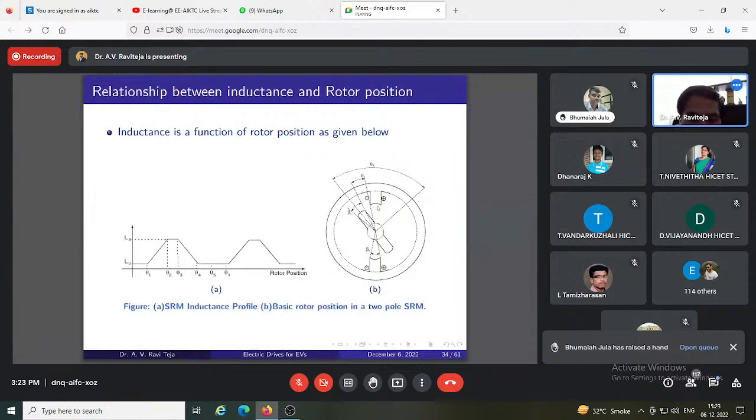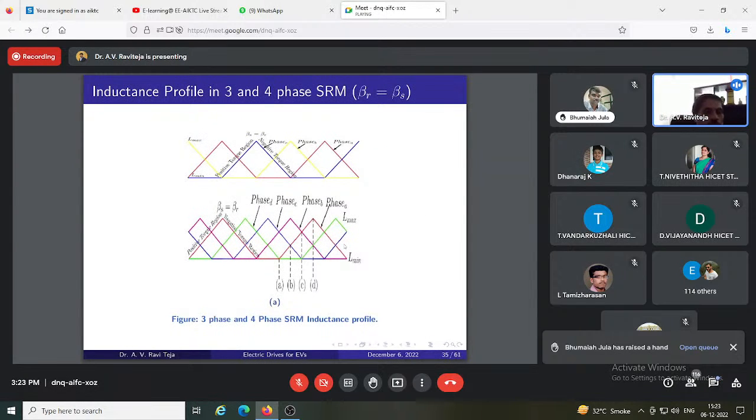Then the rotor pole will go out of alignment of the particular phase. So the inductance drops, and then it remains at minimum until the next time the phase is energized. Then the same thing follows. So this will be the per-phase inductance profile.